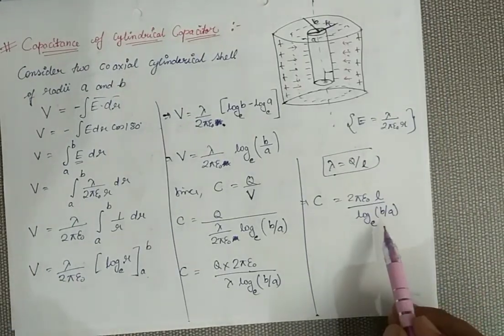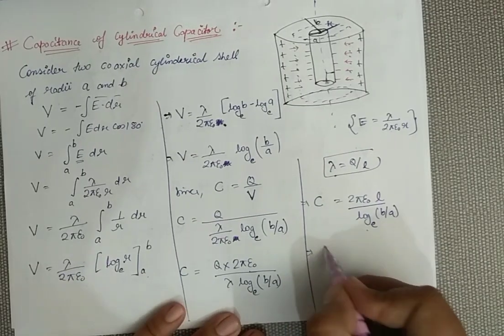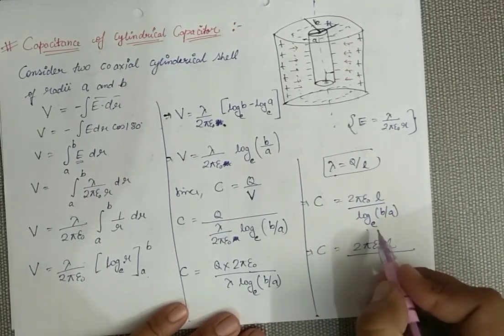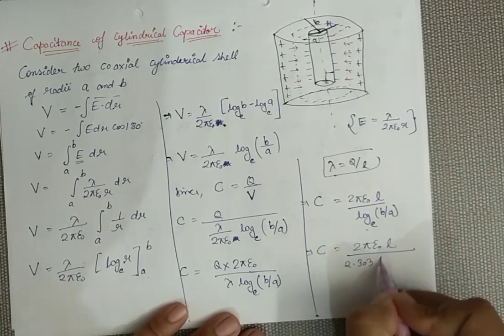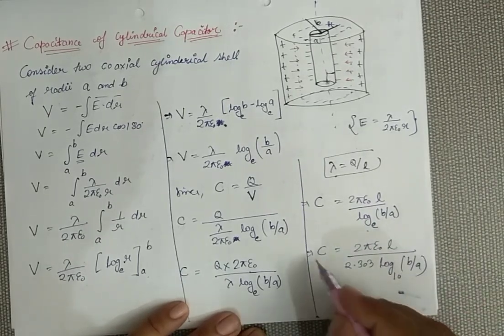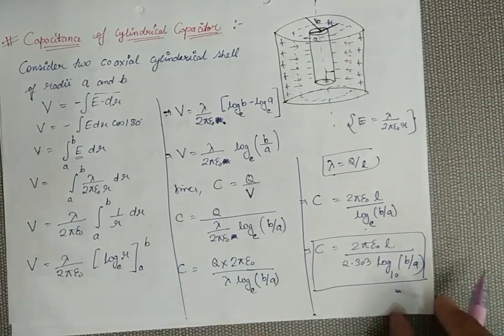So this is the formula of the capacitance. If you want to convert this natural log into base 10, just use the concept: 2 pi epsilon naught L upon 2.303 log base 10 b by a. So this is the formula for the capacitance of cylindrical capacitor.